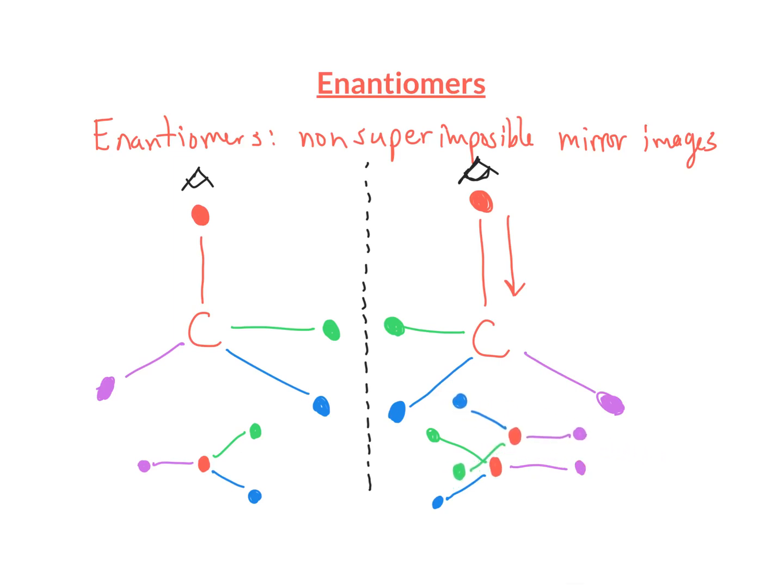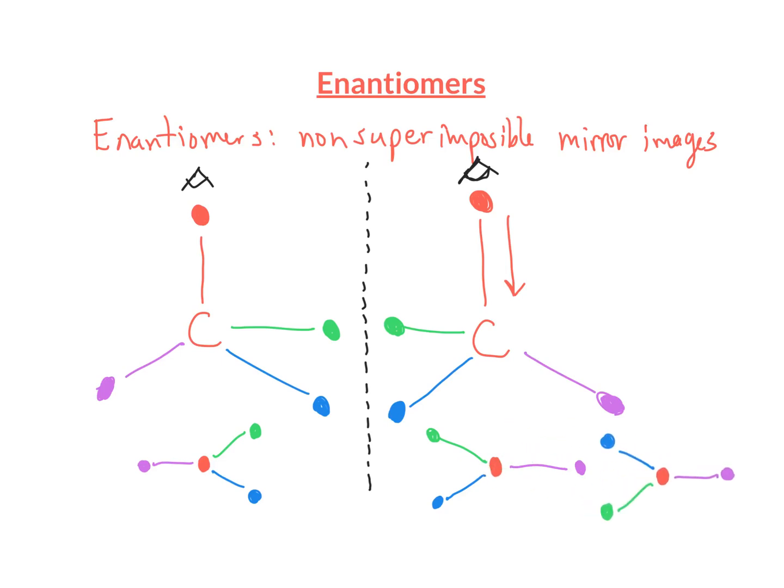I can line up the purple and the red, but the green and the blue are offset. I could certainly keep rotating this. I could rotate it so that the green and the red lined up, but I would never be able to match all 4 substituents. I could only get 2 substituents to overlap as I see here.